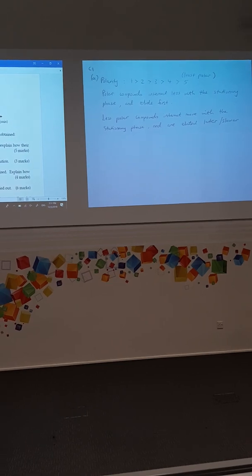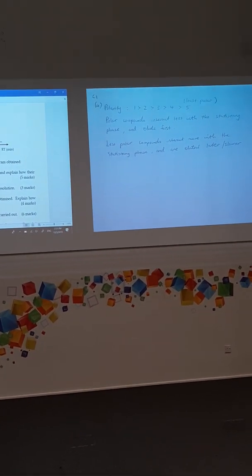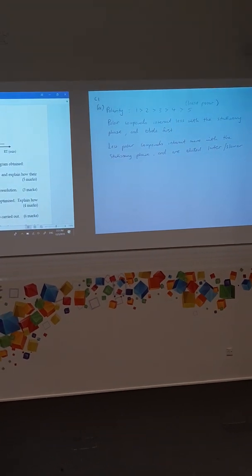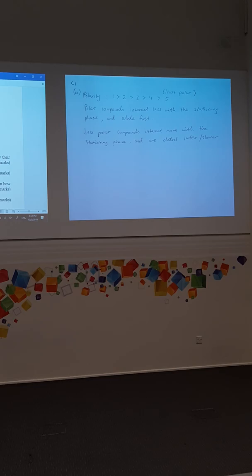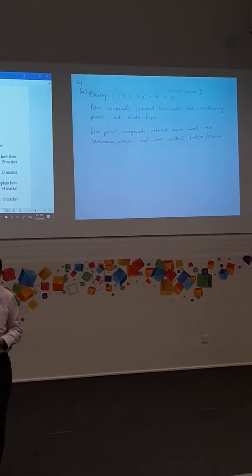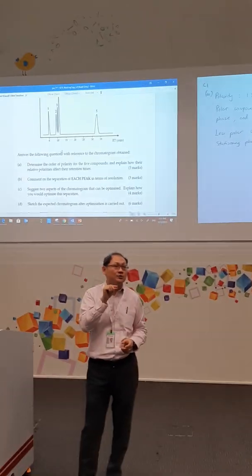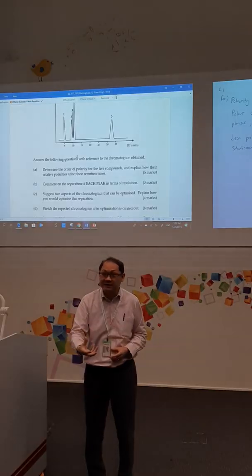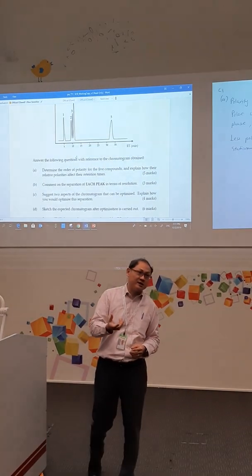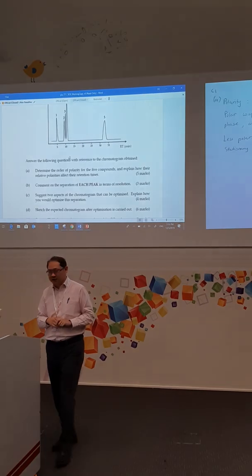The compound with the lowest polarity will come out the last. So you write in a very generic way. But if the question provides you with very specific compound names, then you need to go into the individual compounds and comment on their polarity, comment on the structure, and then give the elution order.